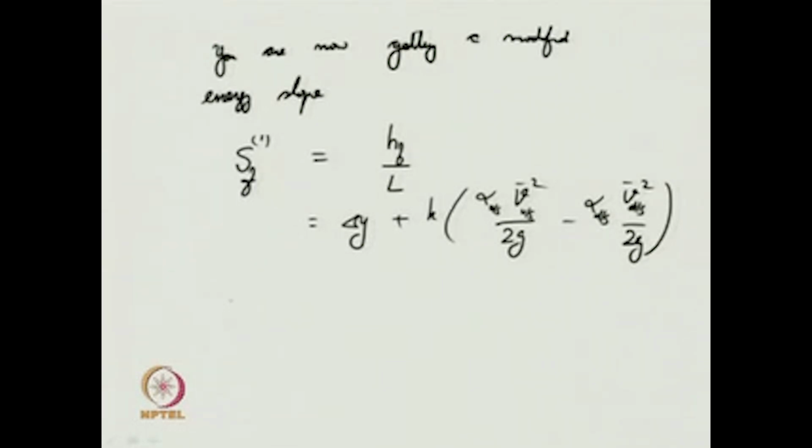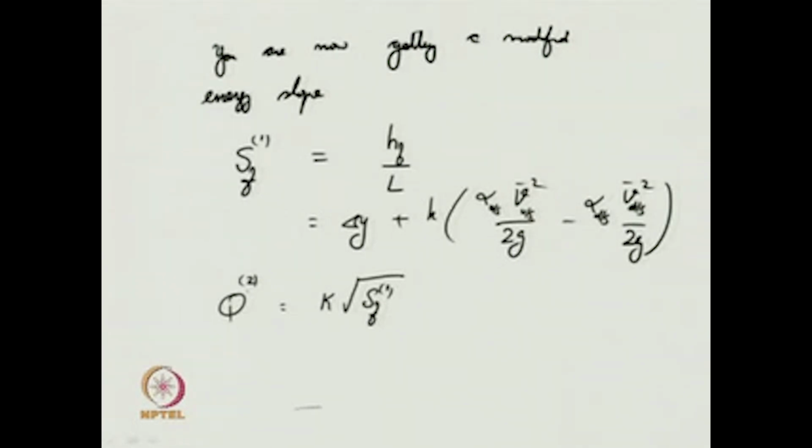Based on this, you can evaluate the modified discharge, or you can give a new value for discharge. Q is now equal to k root of SF that has been modified. Fine. So, you can give this as the second approximation for discharge.